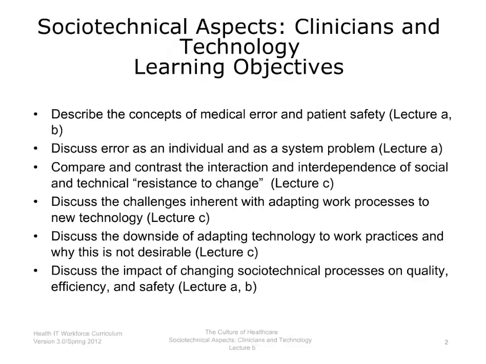The objectives for socio-technical aspects, clinicians, and technology are to describe the concepts of medical error and patient safety, discuss error as an individual and as a system problem, compare and contrast the interaction and interdependence of social and technical resistance to change, discuss the challenges inherent with adapting work processes to new technology, discuss the downside of adapting technology to work practices and why this is not desirable.